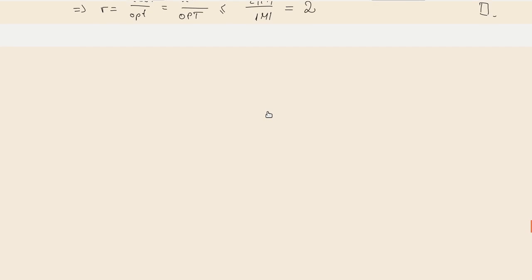And in fact, there are immediate questions that you should have regarding this algorithm. Can we improve our analysis for the approximation ratio?